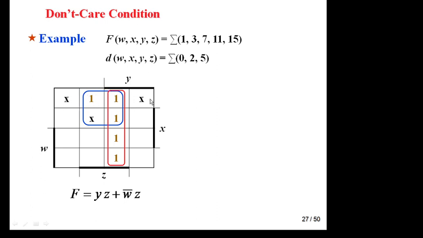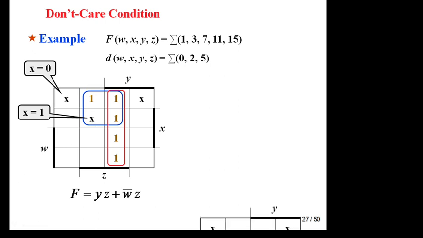Okay, in either the first case or the second case, the answer will be only 2 quads. Suppose we take this quad and this quad, this x is not used, so its value will be 0, but this x is used in grouping, so the value of x equals 1.